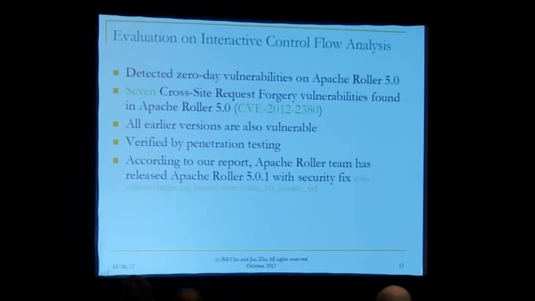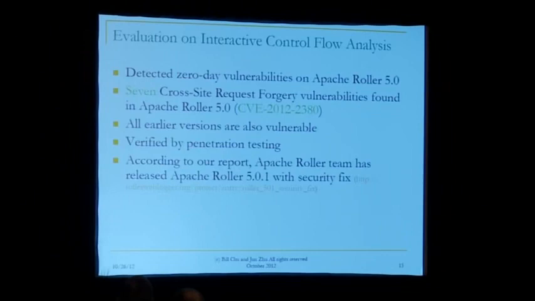So we took her code, we ran it against Aside, and so we simulated what the developer would have to go through if they were writing the code using Aside. And we're specifically looking for CSRF protection. So whenever Roller changes its data, its state, for example, adds a blog entry, we ask, where is the CSRF protection mechanism, okay?